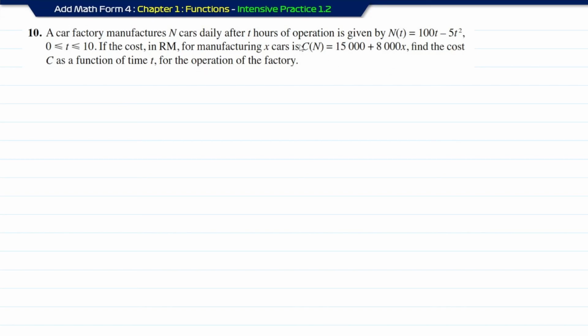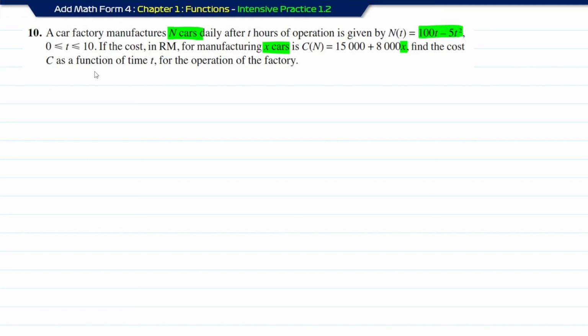Now look at this function C that we have here. This is a function of x. So the x here is the number of cars. So the number of cars produced after t hours is the n cars, right? So this number of cars n after t hours is represented by this 100t minus 5t squared.